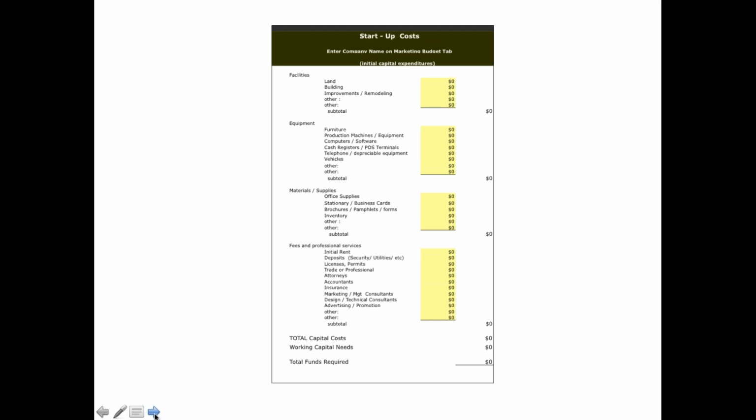The working capital, what that is, that's the cash you need in the bank to get you to the point where the company is self-sufficient. Now, with my guy who was doing his pharmaceutical sales, by the end of the first year, he had lost about $150,000 because his revenues weren't exceeding his expenses.